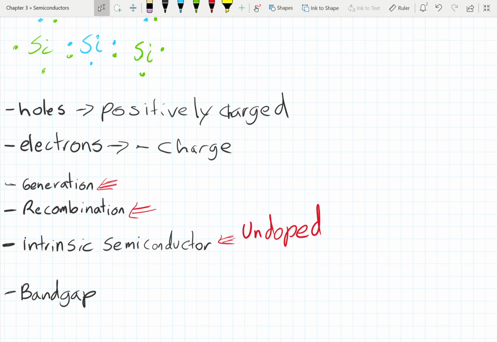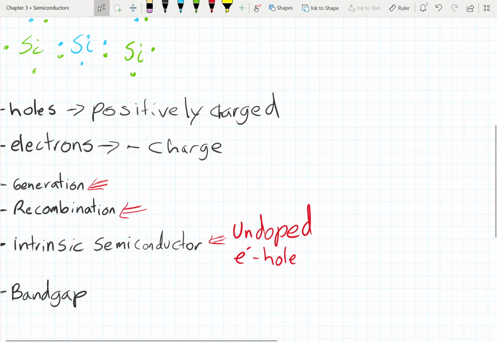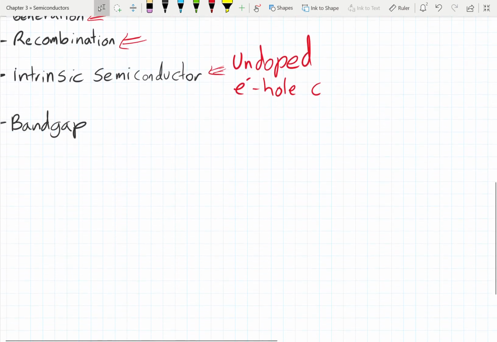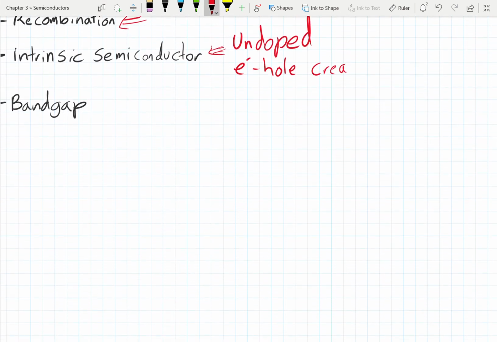But for now, intrinsic semiconductors are undoped, and the electron-hole pairs corresponding to this semiconductor are just created by thermal energy.